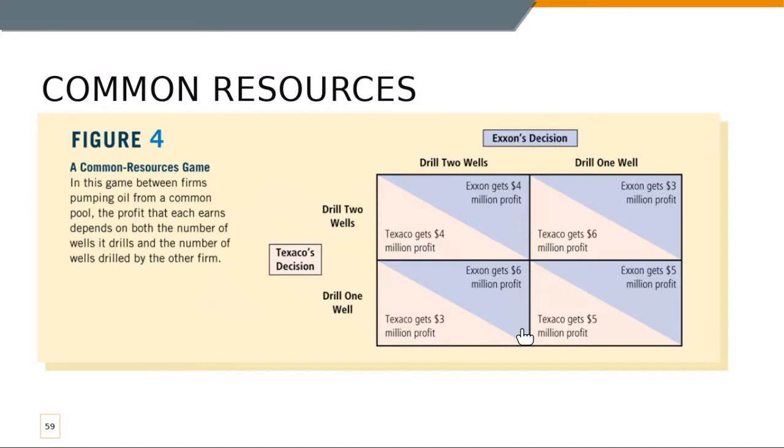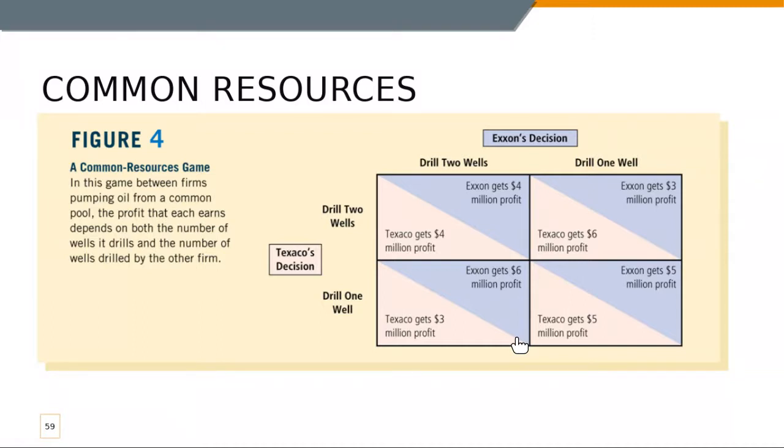One final example is the common resources game. We talked about common resources in chapter 12, I believe. Yes, chapter 12. And common resources are the extraction problem, right? The tragedy of the commons.